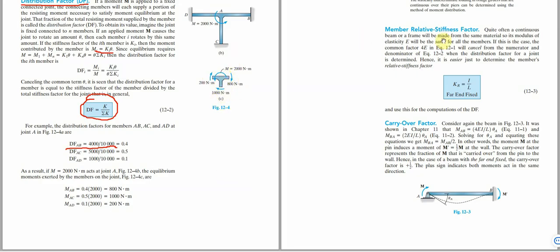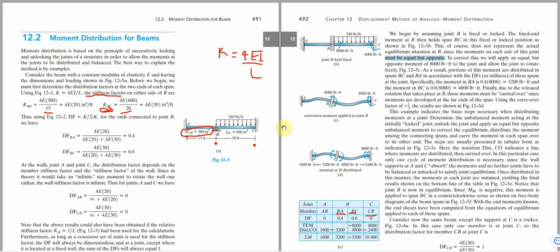The same thing we are trying to apply in this scenario. Out of this total 8000 lb-feet, what is going towards BA and what is going towards BC? From this calculation, we realize that 3200 is going towards BA, and 4800 is going towards BC. So we put the 3200 for BA and the 4800 towards BC.